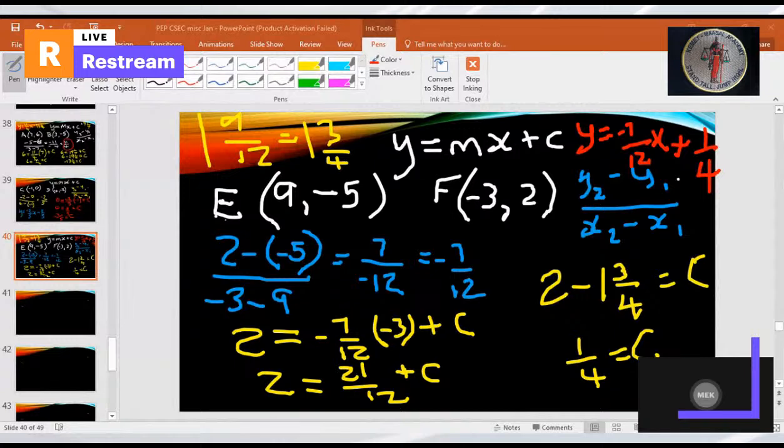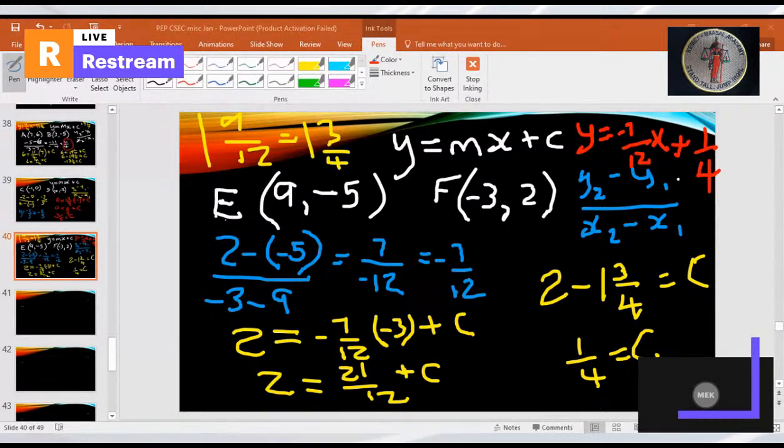So we go back to our equation of the line, y equals mx plus c, and we plug in the three things that we know. We know our y value, we know our x value, we know our gradient. You can use the 9 and the negative 5 for your x and y, or you could use negative 3 and the 2.